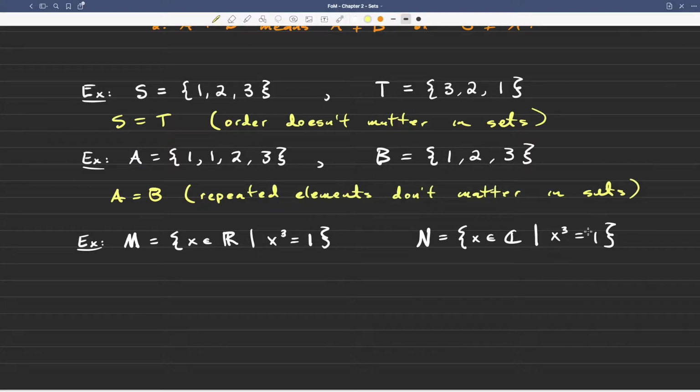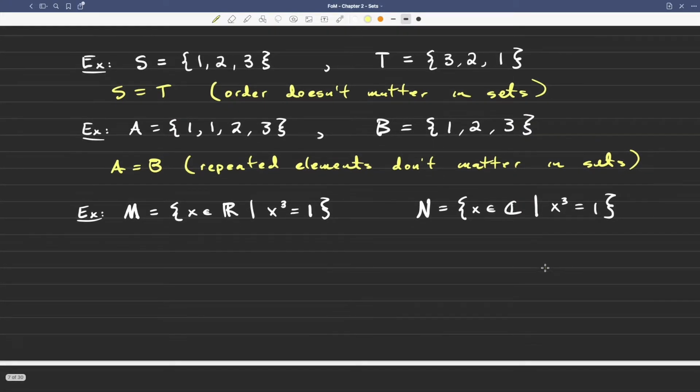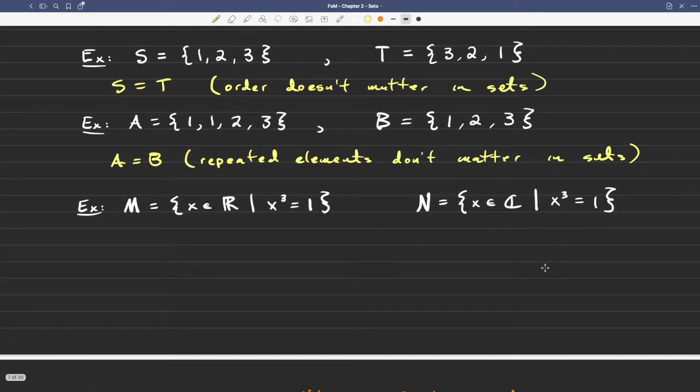So of course we would never intentionally list the same element twice like that, but it does come up sometimes in natural ways when you're describing sets with set builder notation, that the same element could be listed multiple ways by the membership condition. So it does happen, but we just don't pay attention to redundant elements. Once an element is listed, it's just there once.